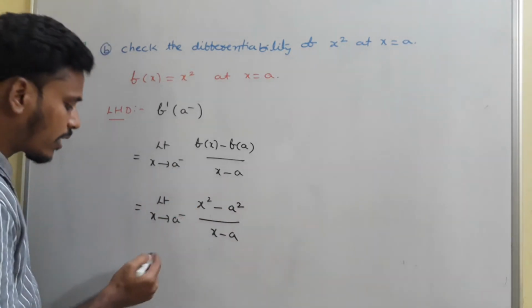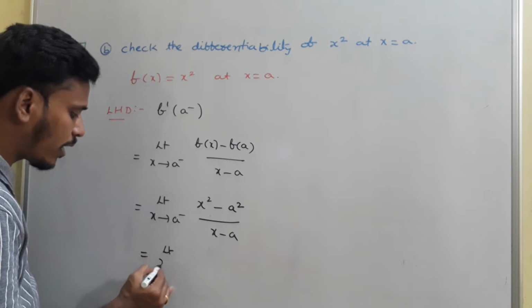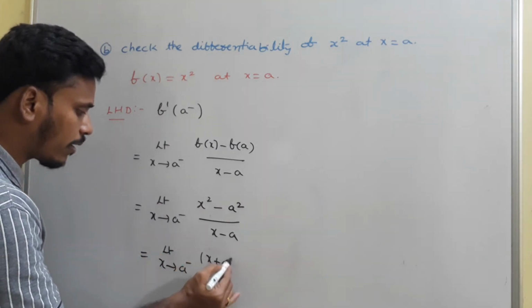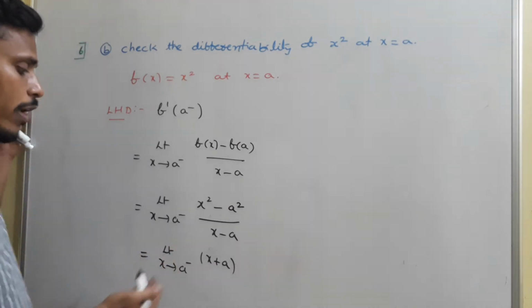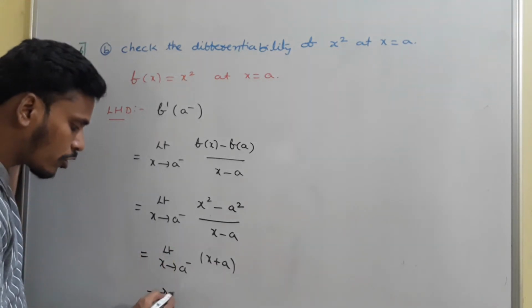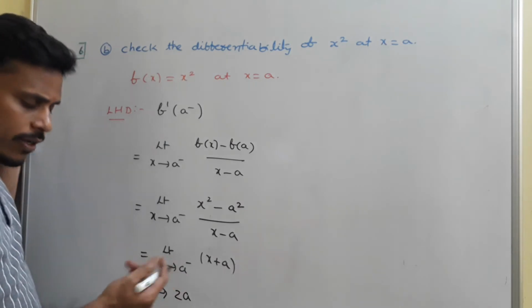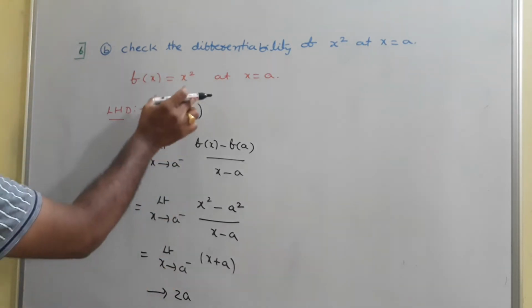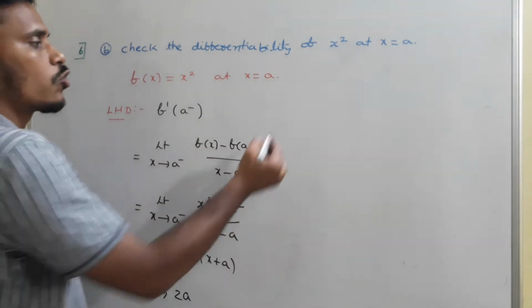So the numerator is x square minus a square, the denominator is x minus a. So limit x tends to a minus of x plus a is approaching 2a, or otherwise slightly less than 2a. So the answer for the left hand derivative is 2a.